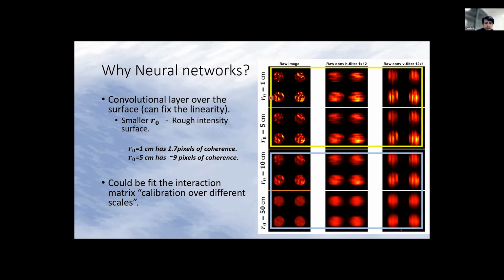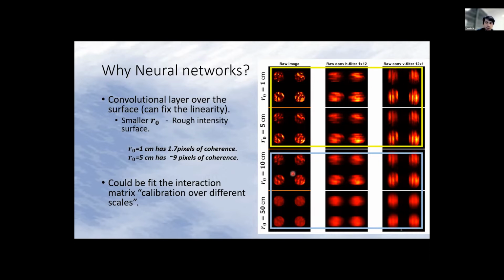For example, here, if we are using a convolutional filter of 1 by 2 kernel size, we can get the horizontal convolutional values of the image, and in this case, the vertical values.